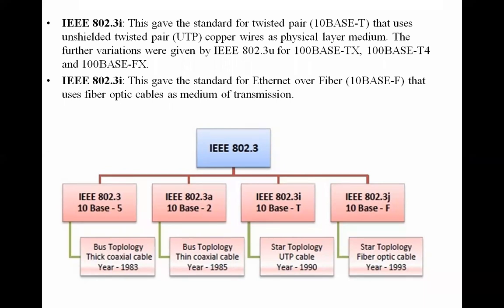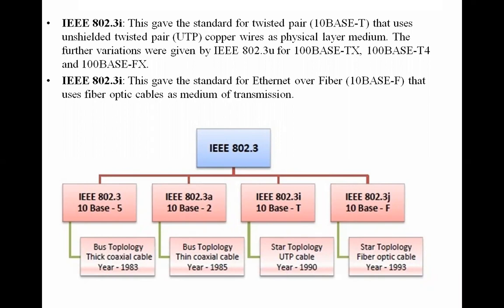What is star topology? It looks like a star. We connect everything to one main switch or one main hub, like a star. Star topology is very important. Nowadays, we are using star topology, with UTP, unshielded twisted pair cables, implemented in the year 1990.